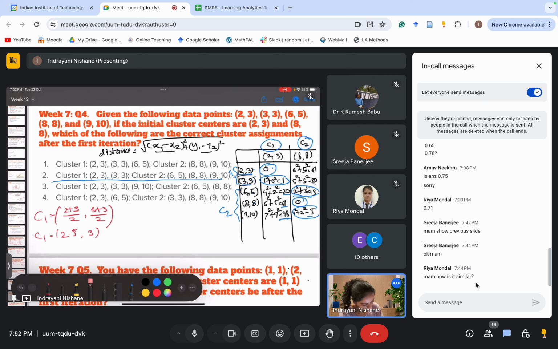And for the new C2, there are 3 points. So we have to consider all the 3 points.